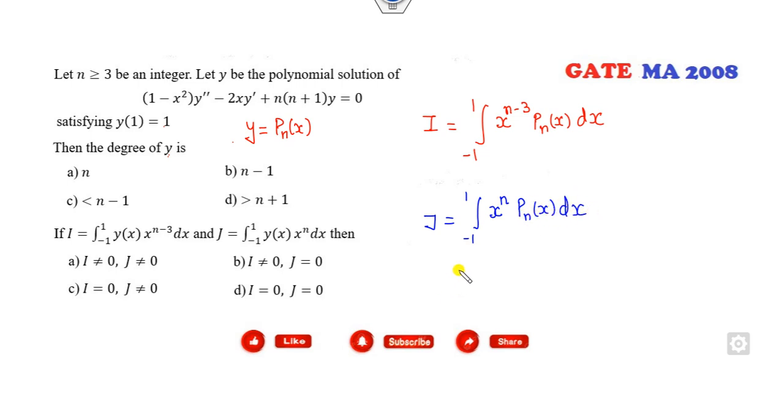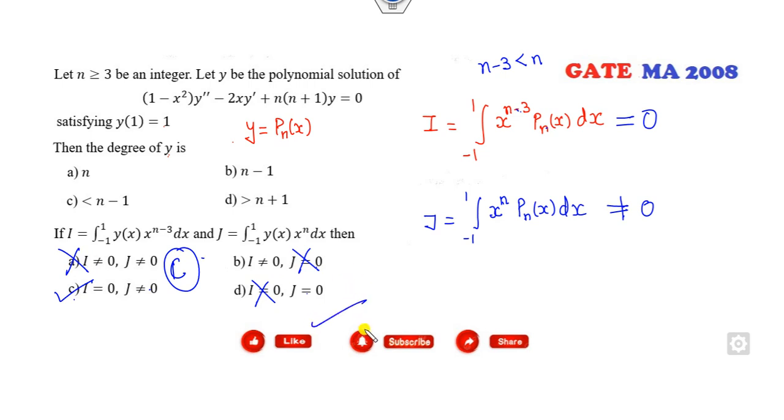Okay, very simple. Can you solve this within 1 second? This will be 0 because n minus 3 is less than n, and in the other case the degrees are the same, so it will not be 0. So I is 0, J is non-zero. So C is my right answer. How many seconds did you need to solve this problem? Just a fraction of a second.